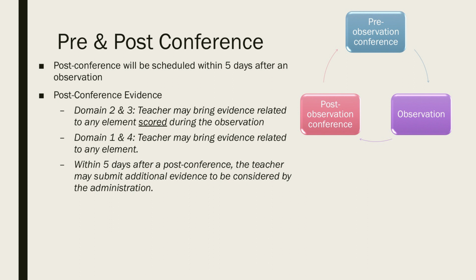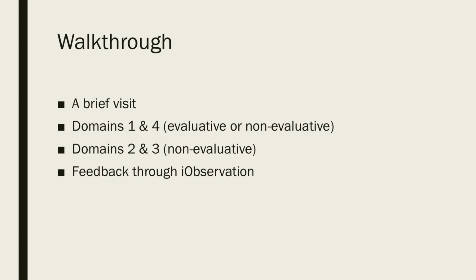It is not necessary to bring evidence to the post-conference for elements in Domains 2 and 3 that were not observed and did not receive a score. A teacher may bring evidence to a post-conference related to any element in Domain 1, Standards-Based Planning, and Domain 4, Professional Responsibilities. Within 5 days after a post-conference, the teacher may submit additional evidence to be considered by the administration.